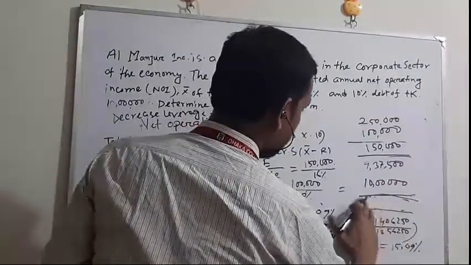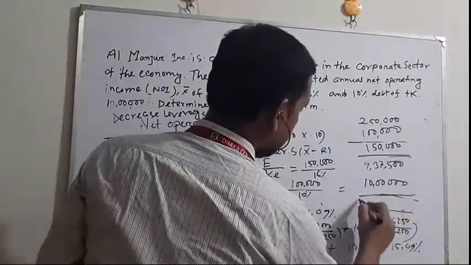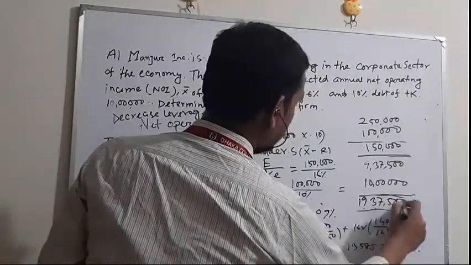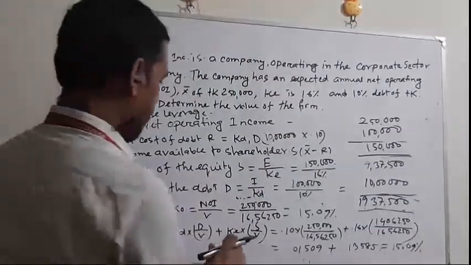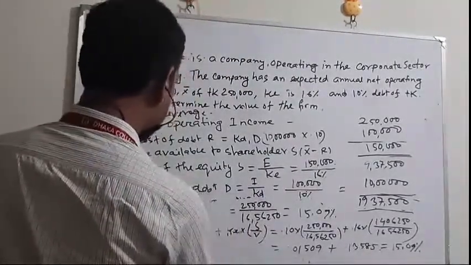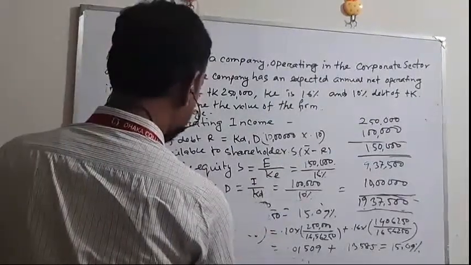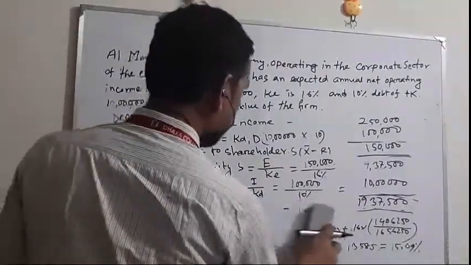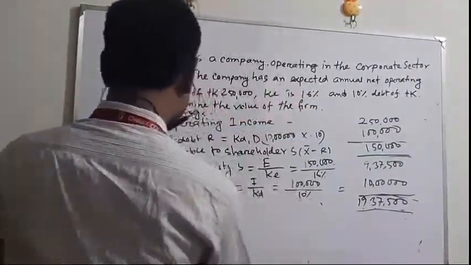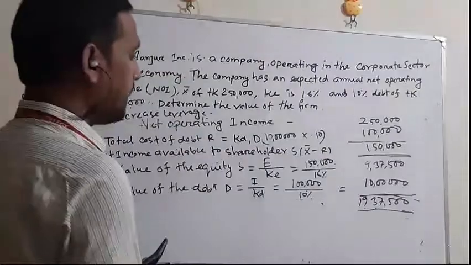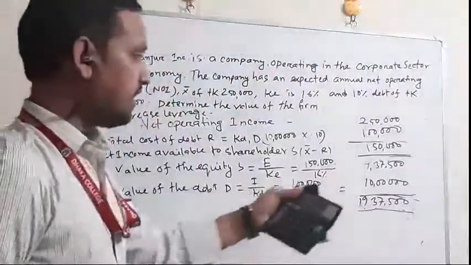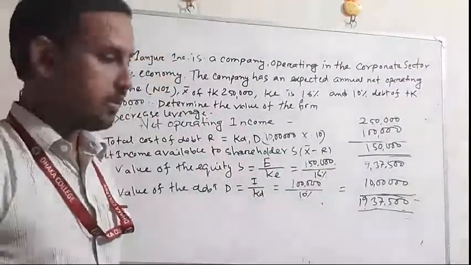So here is 19,37,500 taka. Okay, dear students, value of the firm 19,37,500 taka.